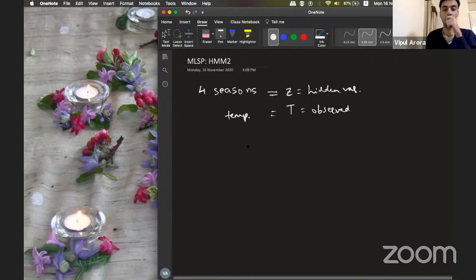So for a particular time instant, I can have some Zt. Let's say at time t, I have some season. And if I know the season, I know the temperature. Let me call it X instead of T to be consistent with our notations.